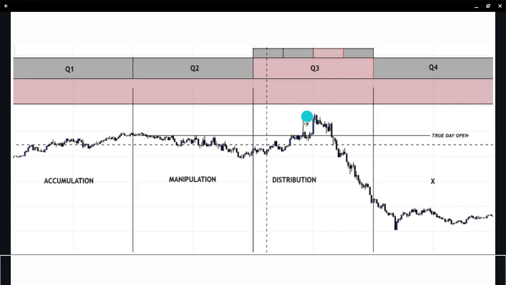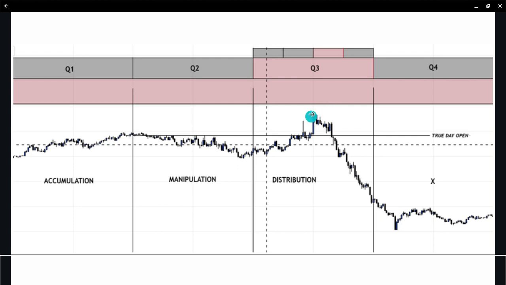So this was it: accumulation, manipulation runs all the way up to the open of the third quarter of the day. Let me repeat that once again. Q2 opens, runs all the way to manipulate until the third quarter of the day.